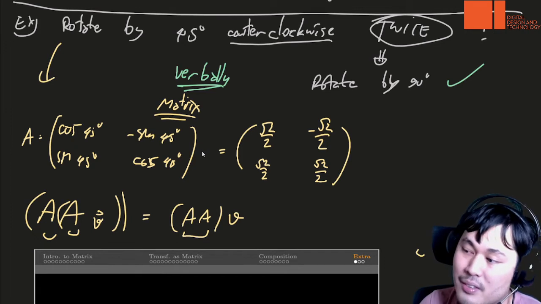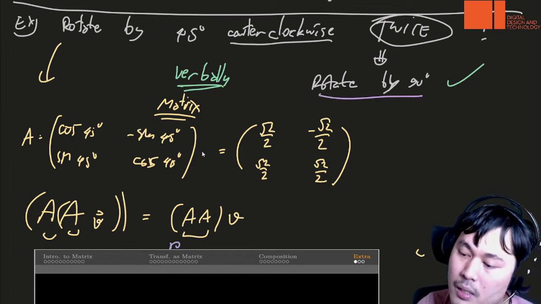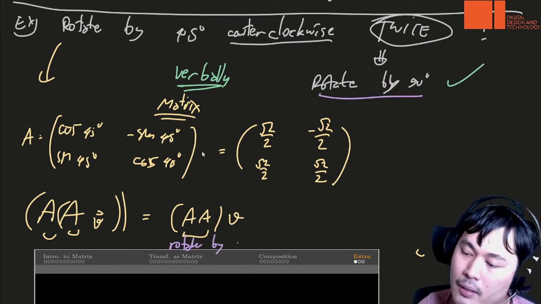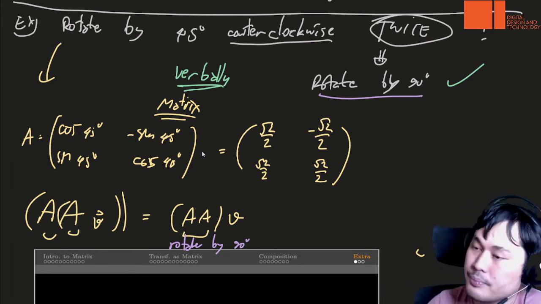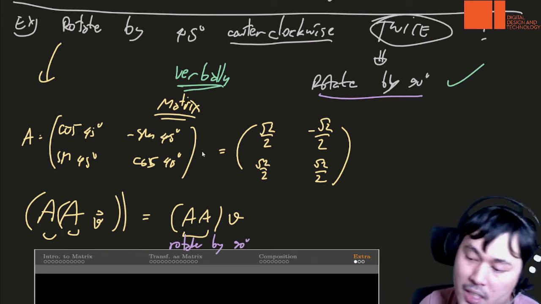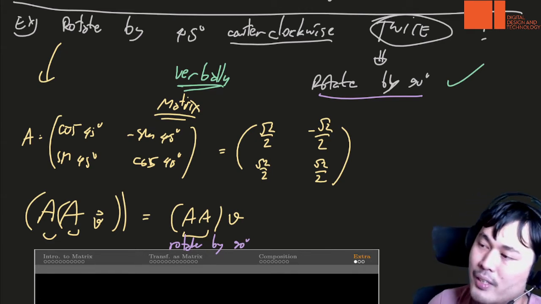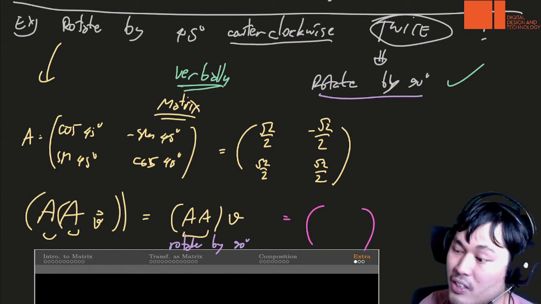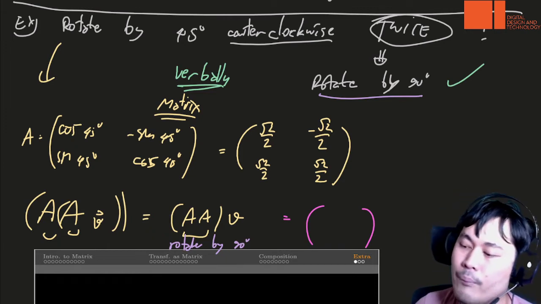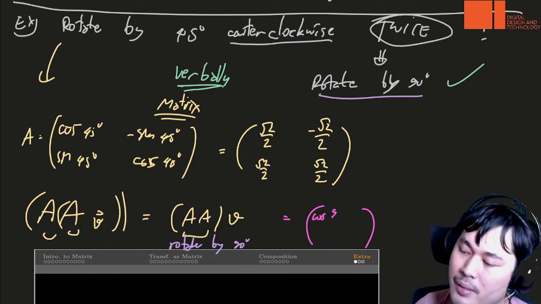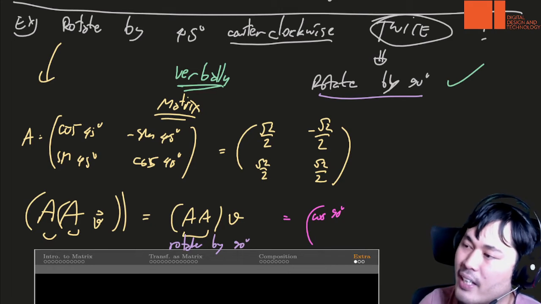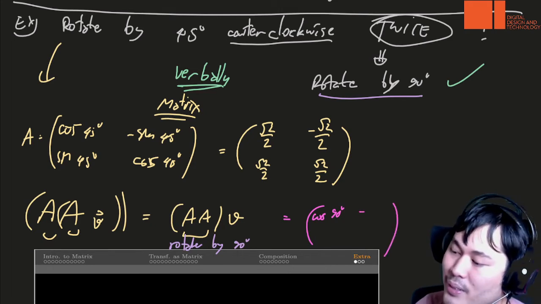And we just make a note that the result should be the rotation by 90 degrees. And if it's a rotation by 90 degrees, then it should be this matrix. Again, I'm not plugging in numbers yet.